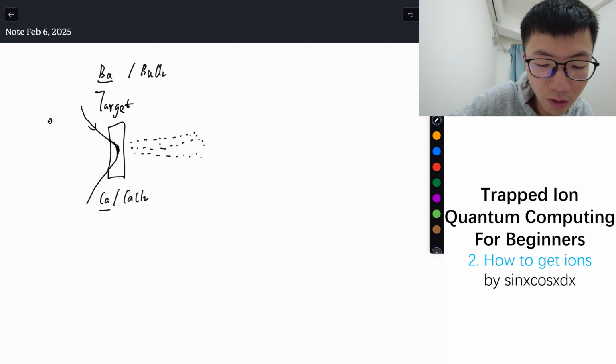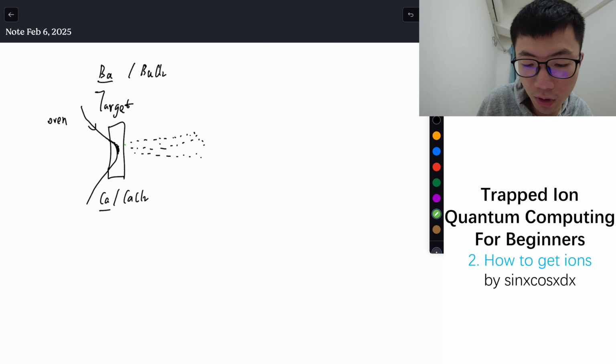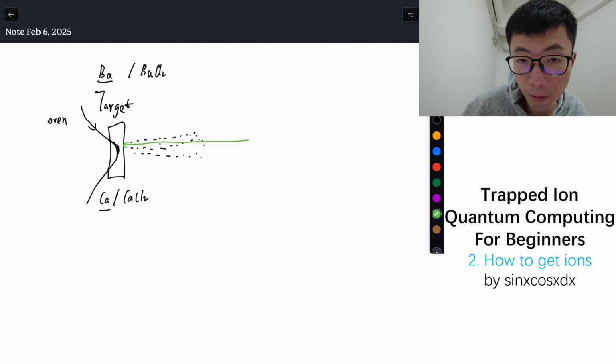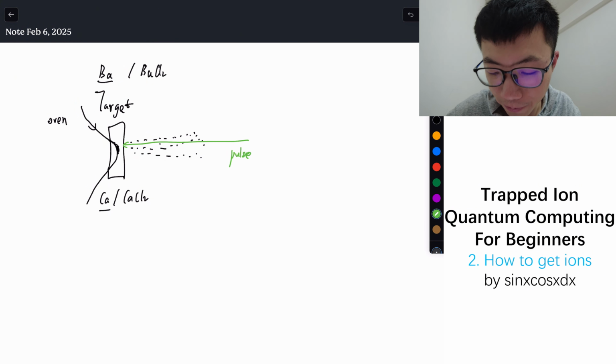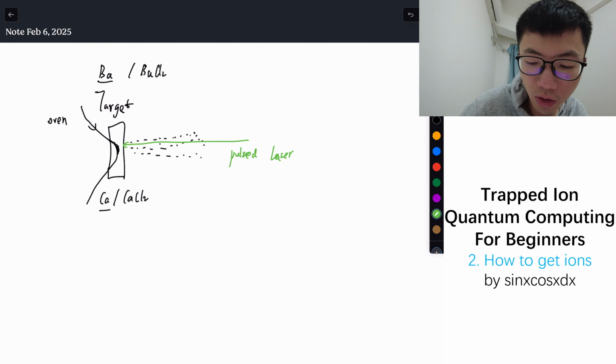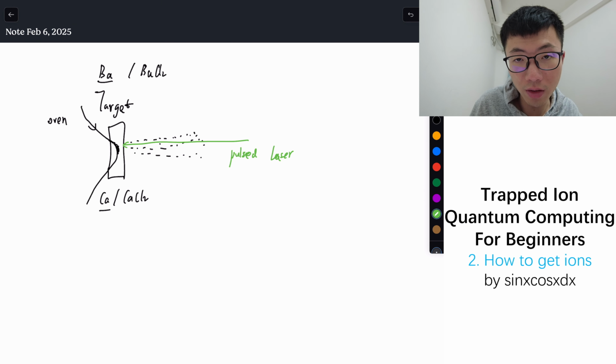However, another way is to use laser ablation. For example, we use a pulse laser, where the pulse should be short and a single pulse contains such high energy. When a strong pulse laser hits the target, the compound or the metal will absorb this energy and the ions can get out.